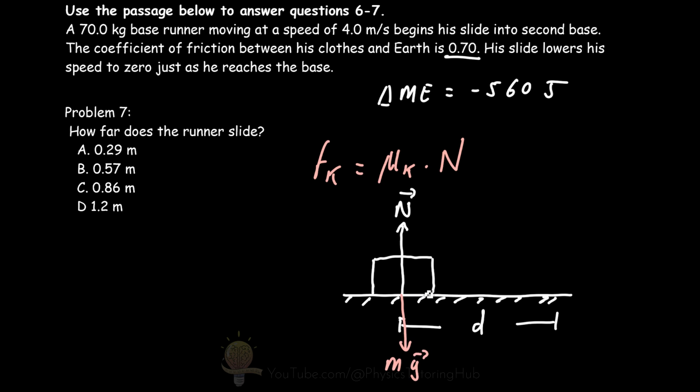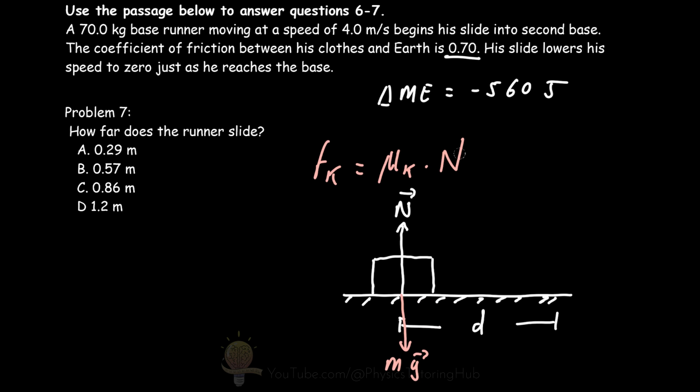Now, because the base runner isn't accelerating upwards or downwards, he's only moving in the x direction, this means that these two forces balance each other. They're both the same value. So instead of writing the normal force here, we can instead write the runner's weight because the magnitude of these two values are the same.